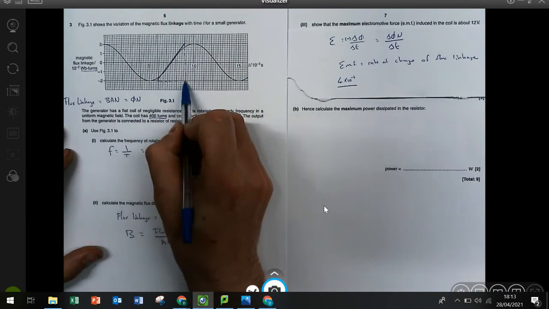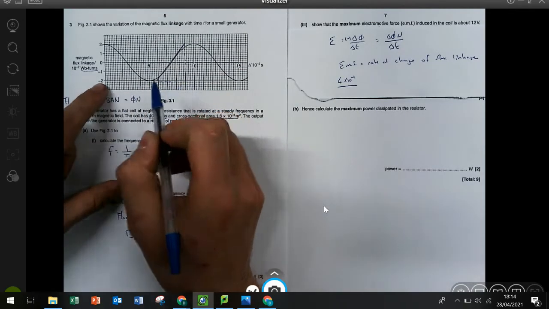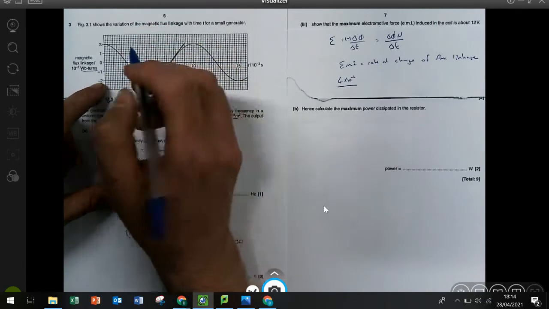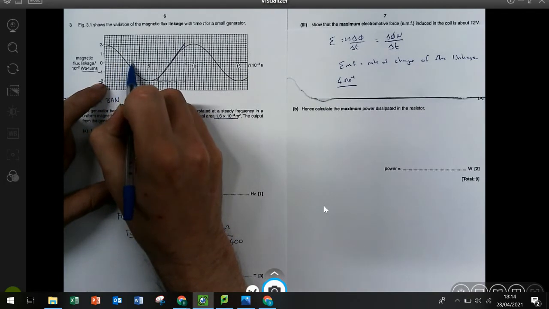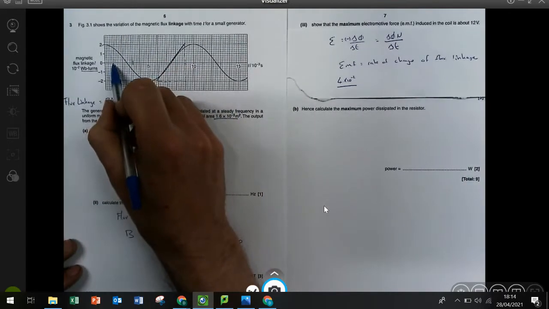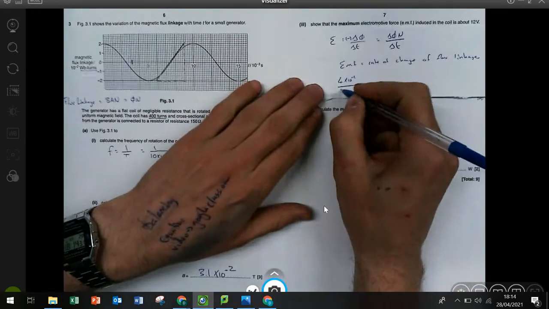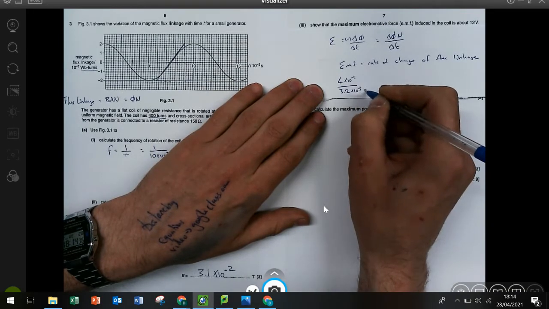So from here to here, that is 16 squares, which is going to be 3.2 times 10 to the minus 3 seconds.